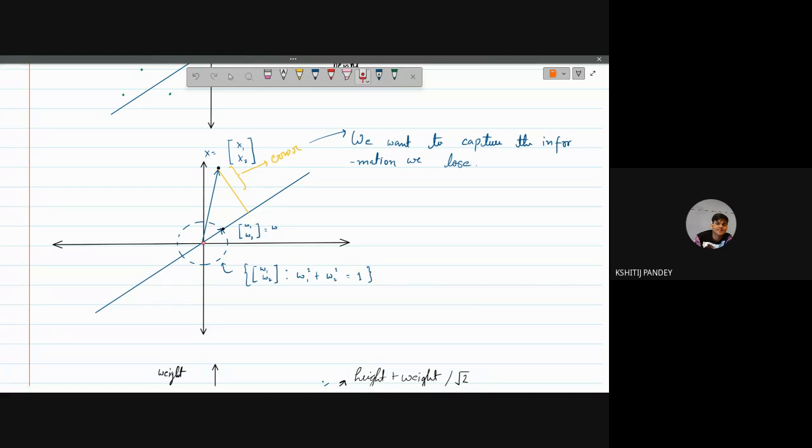This line captures most of the variance of height and weight combined, whereas the line perpendicular to it captures the rest of the variance. Is it clear?